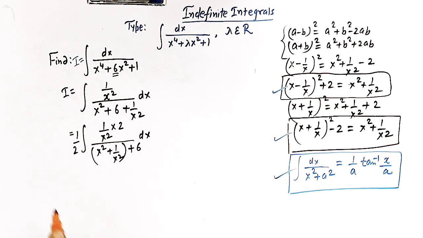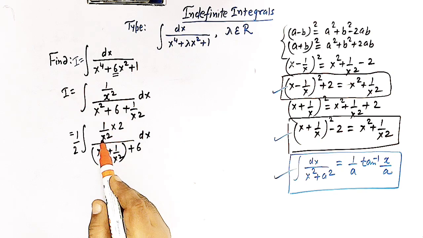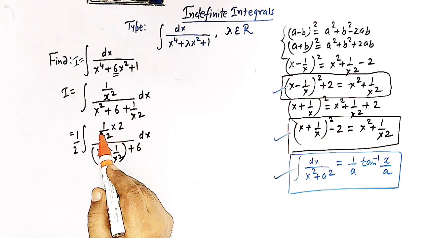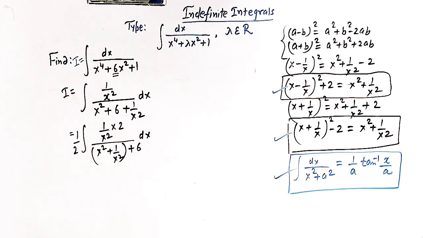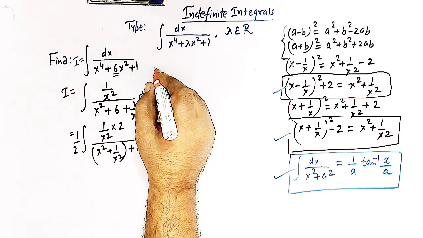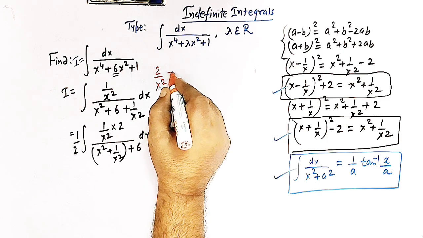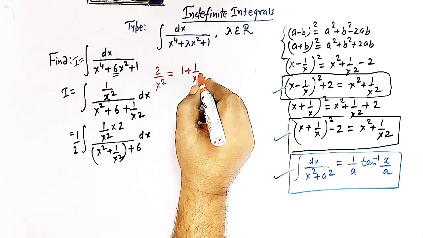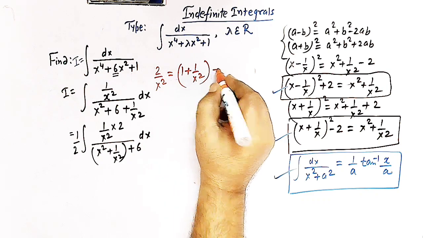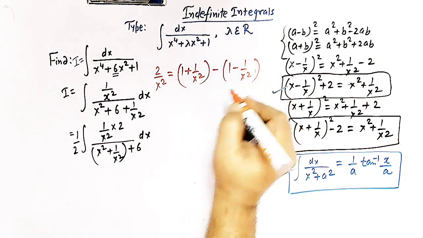So now the purpose of dividing the numerator and denominator by x square and then multiplying this term 1 over x square by 2 and dividing by 2 is that this quantity, that is 2 over x square, can be written as 1 plus 1 over x square minus 1 minus 1 over x square, right?